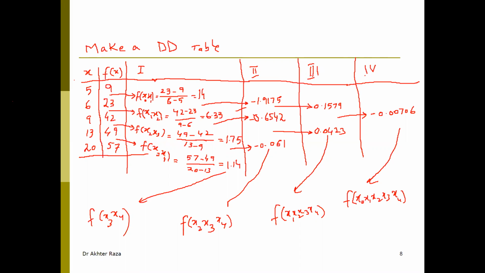If we have 4 elements here, it is third order. If we have 3 elements, second order. If we have 2 elements, first order. And this is f[x0] only, and this is f[x4] only. So you can see f[x4], f[x3, x4], f[x2, x3, x4], f[x1, x2, x3, x4], f[x0, x1, x2, x3, x4]. So these are the entries.